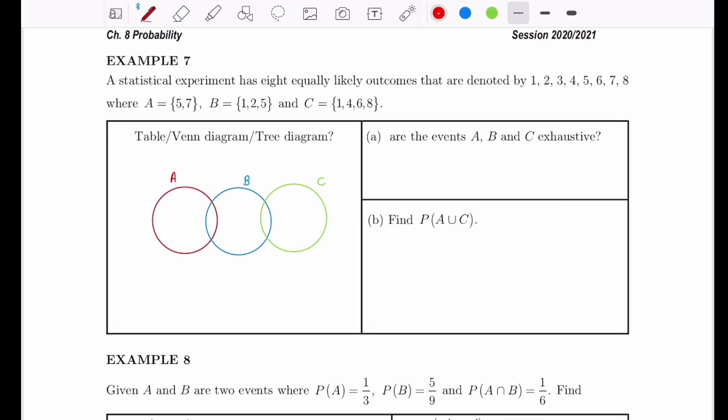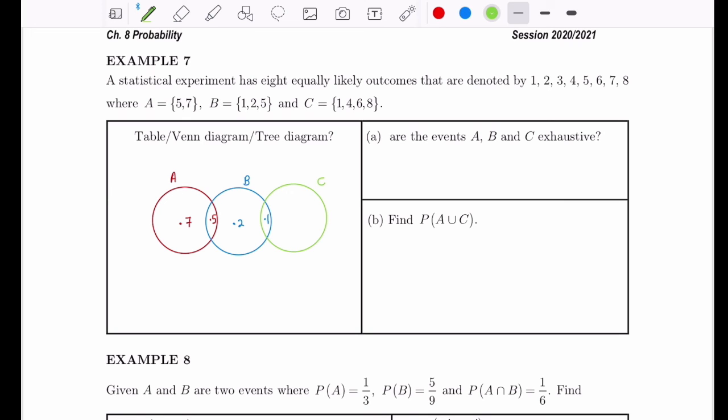So event A, there's number 7, but we're going to put number 5 in the intersection between A and B because in B, we also have number 5. So for B, we have number 1. We're going to put 1 inside the intersection between B and C, since C also has number 1. Next, we're going to put number 2.